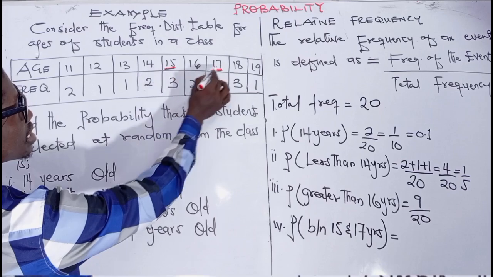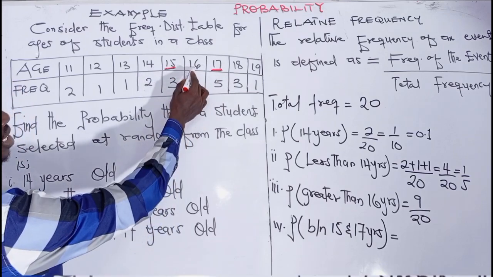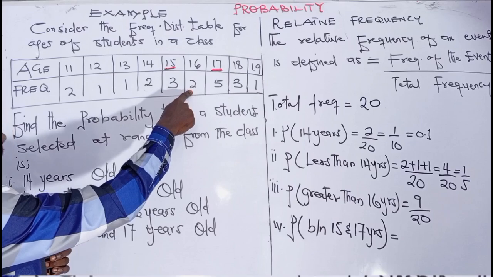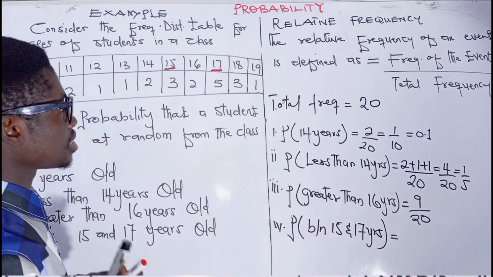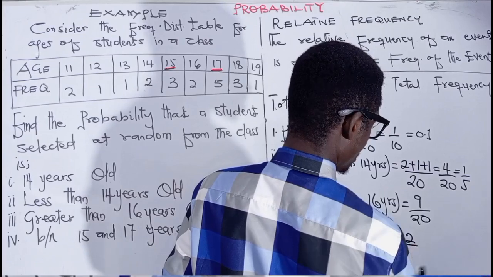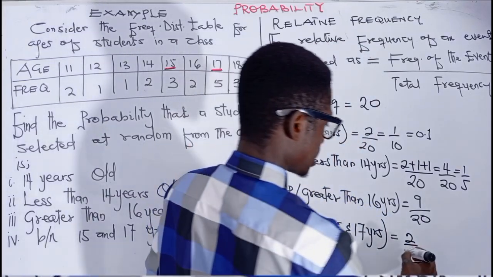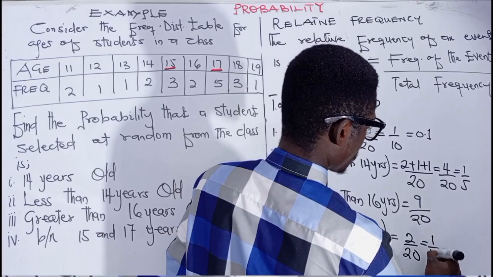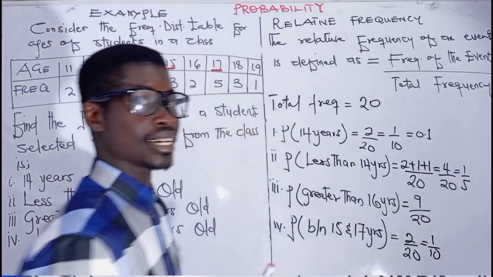In between 15 and 17 years, we have what? 16. So we are going to take the corresponding frequency of 16, and that's going to be 2, all over the total frequency, which is what? 20. We can simplify it to obtain what? 1 all over 10. As easy as that.